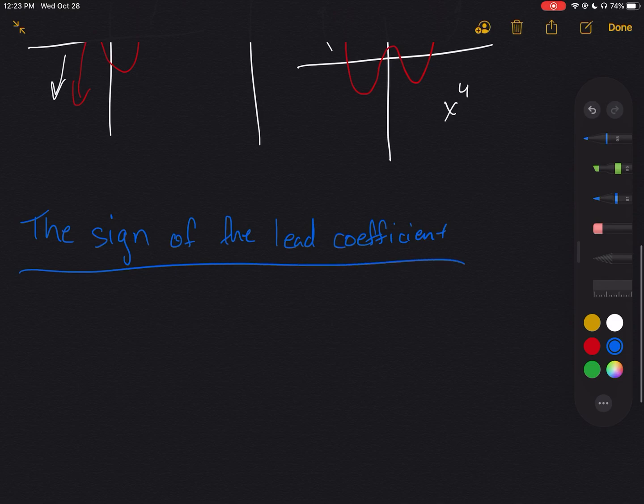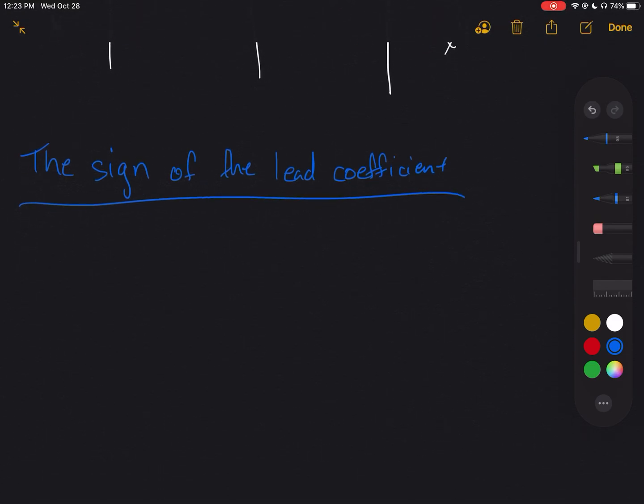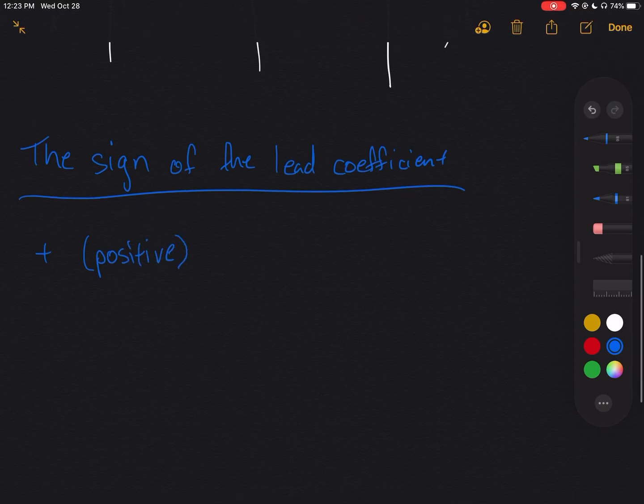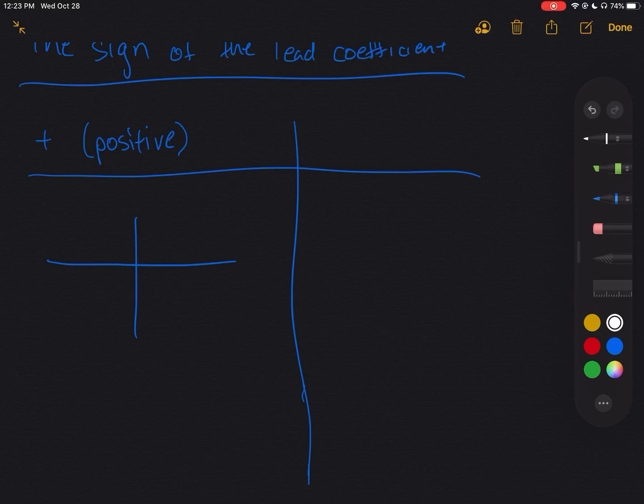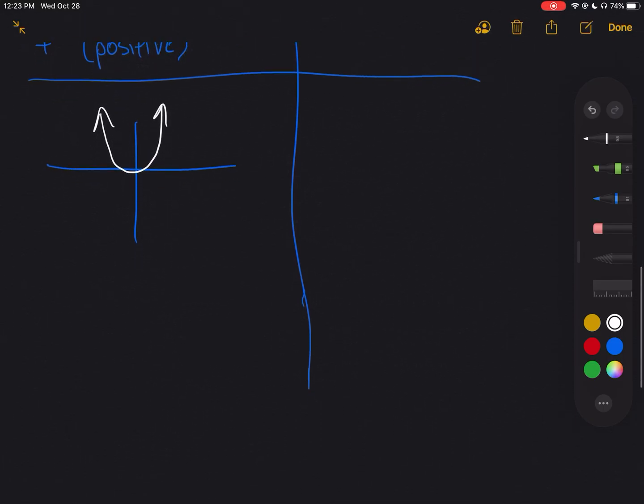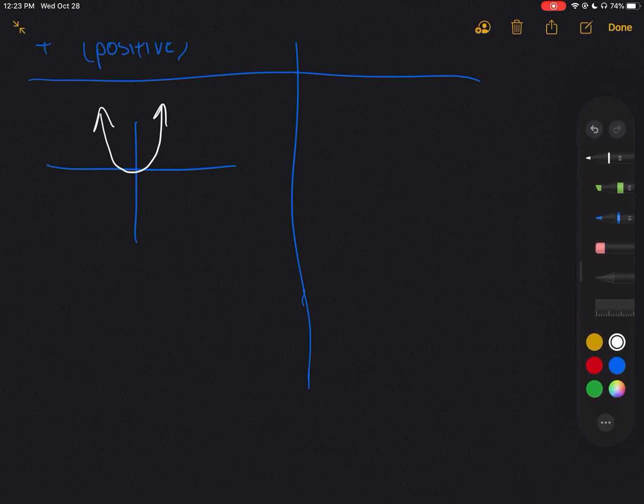Okay, so if it's positive, that's sort of the default position, right? So if it's positive, then it's not reflected. Nothing changes. So if it's positive, then we've got opening up, or we have a positive sloping line, right?